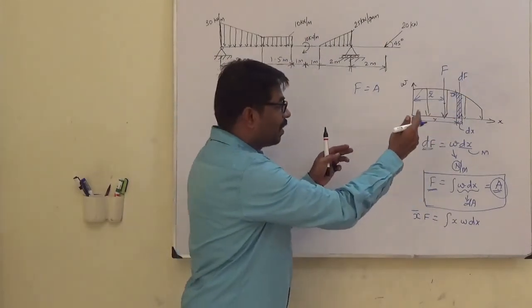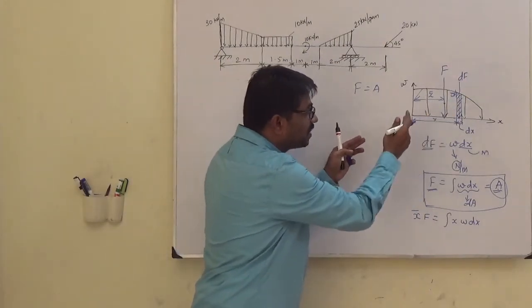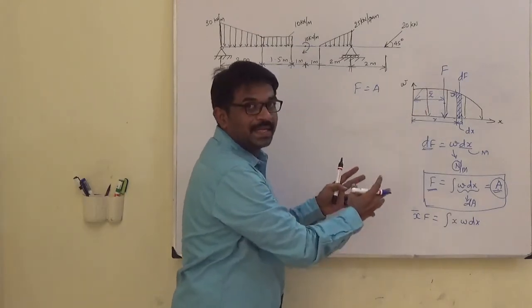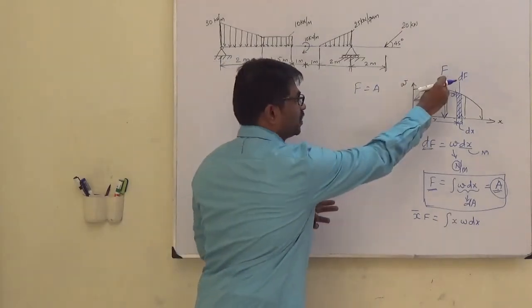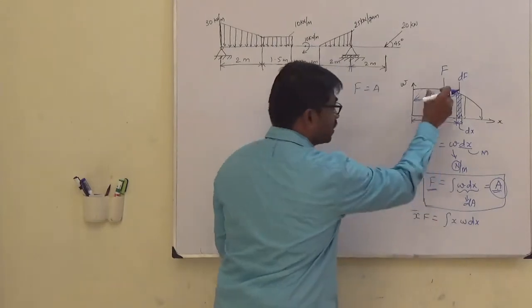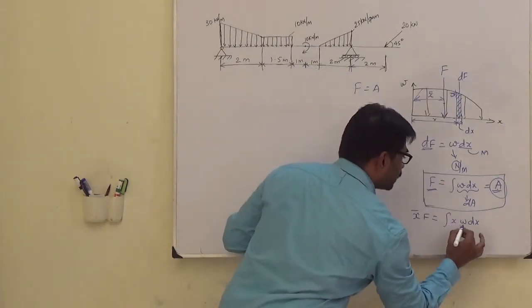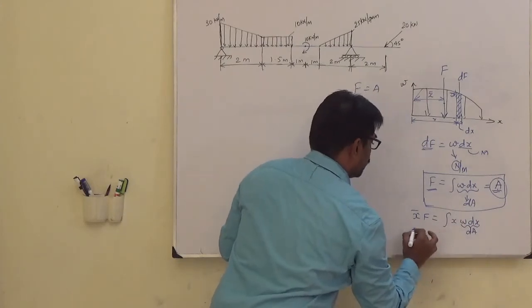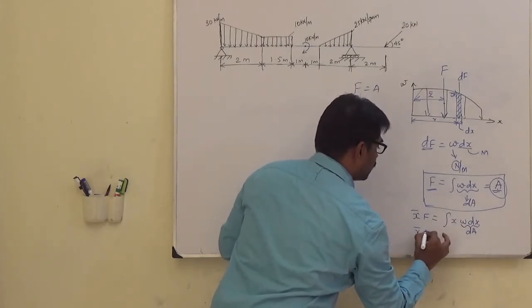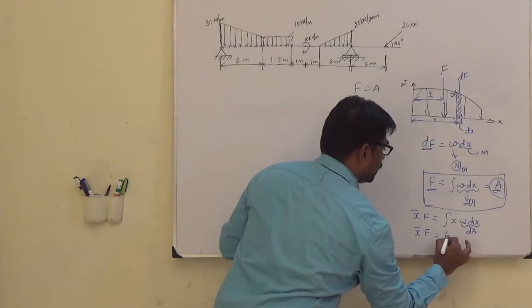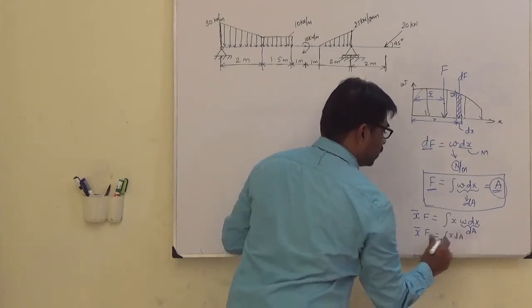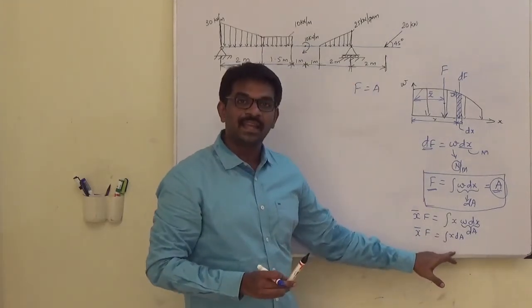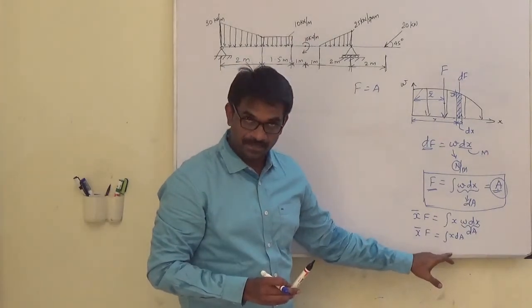Integration of this will be equal to the resultant moment. Now this we know is dA. So x bar F is the integral of x dA. What is the integral of x dA? It is the first moment of area.